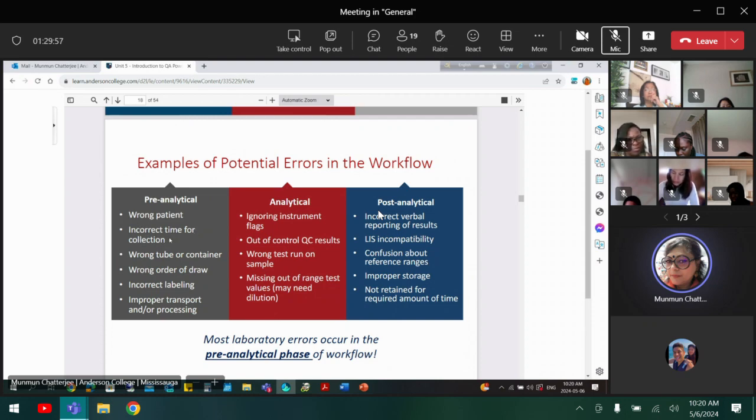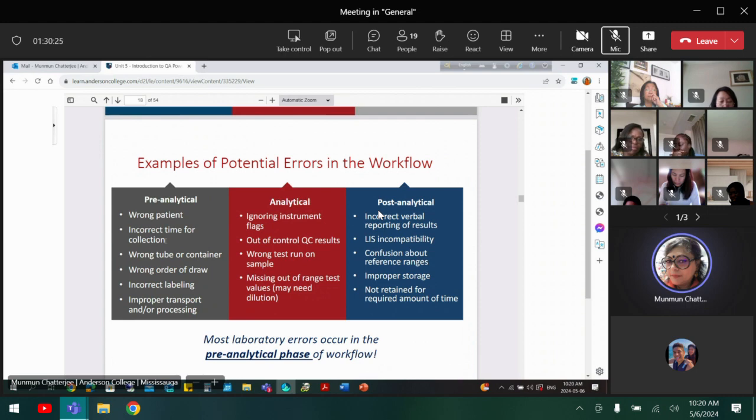It says morning blood work, but the patient came at 11 a.m. and drank coffee, tea. Generally, some hormones have to be collected in the early morning, especially cortisol. Wrong tube or container, wrong order of draw, improper transport and processing.